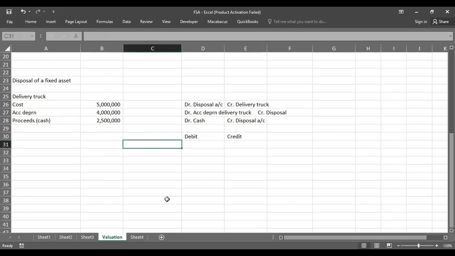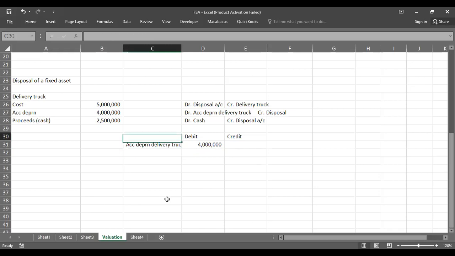What you have done is you have debited estimated depreciation of the delivery truck with 4M. The credit amount will come later.